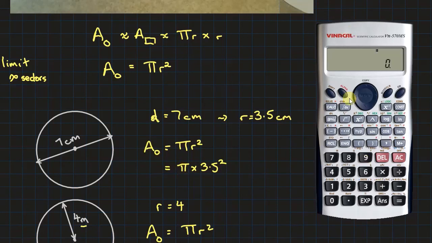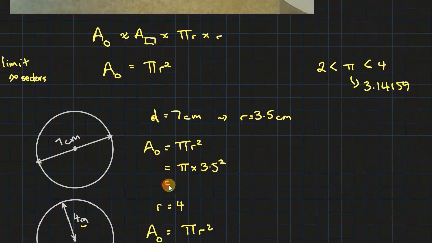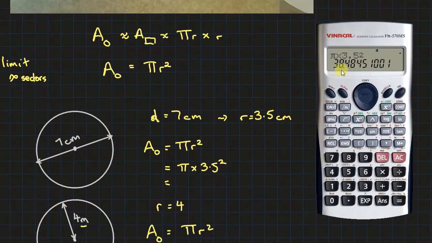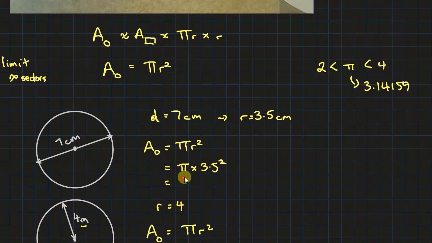So we do pi times 3.5, and this is why I like using the squared button, there's no risk of me making an error with it again. If I made the mistake, I made it the first time. And this is an area of 38.48.